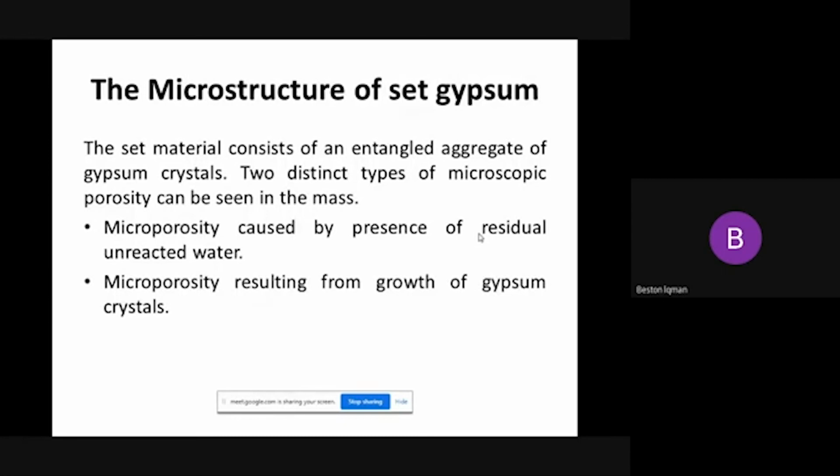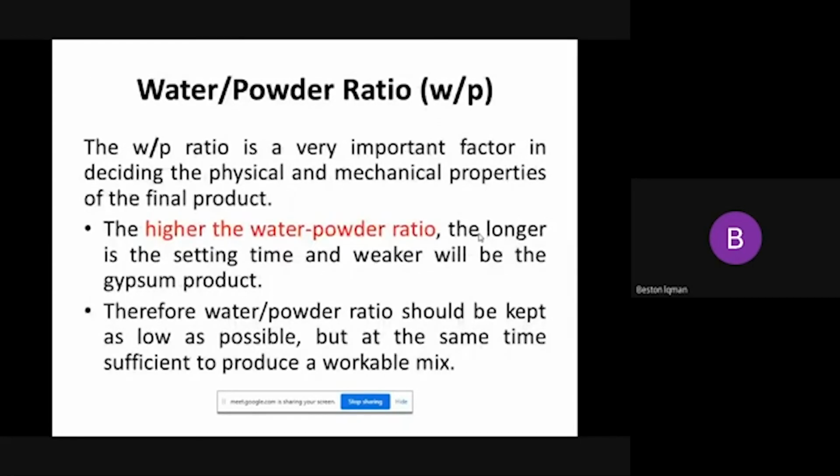Microporosity is produced in the gypsum either by the presence of residual unreacted water that remains in the gypsum, or by the growth of the crystals. With a higher water powder ratio, the gypsum will be weak.